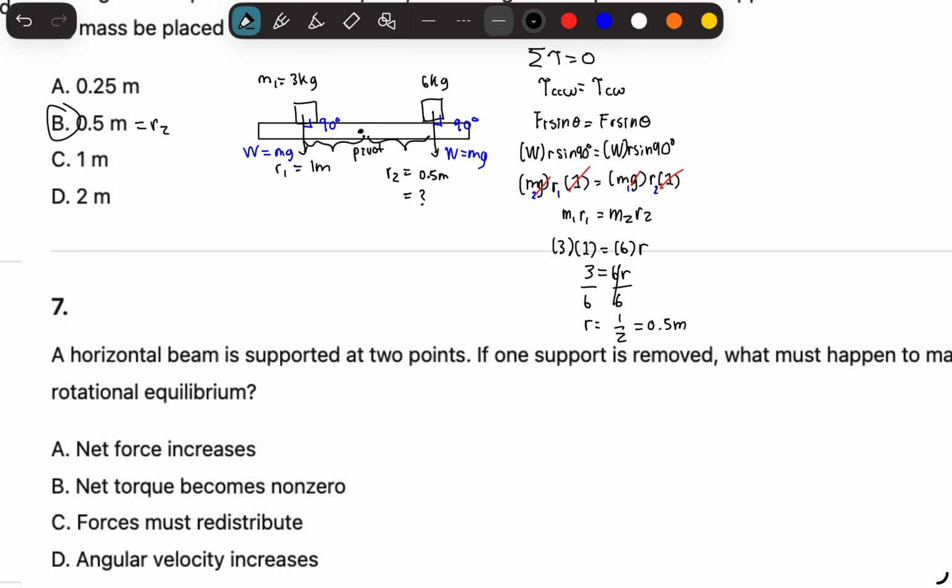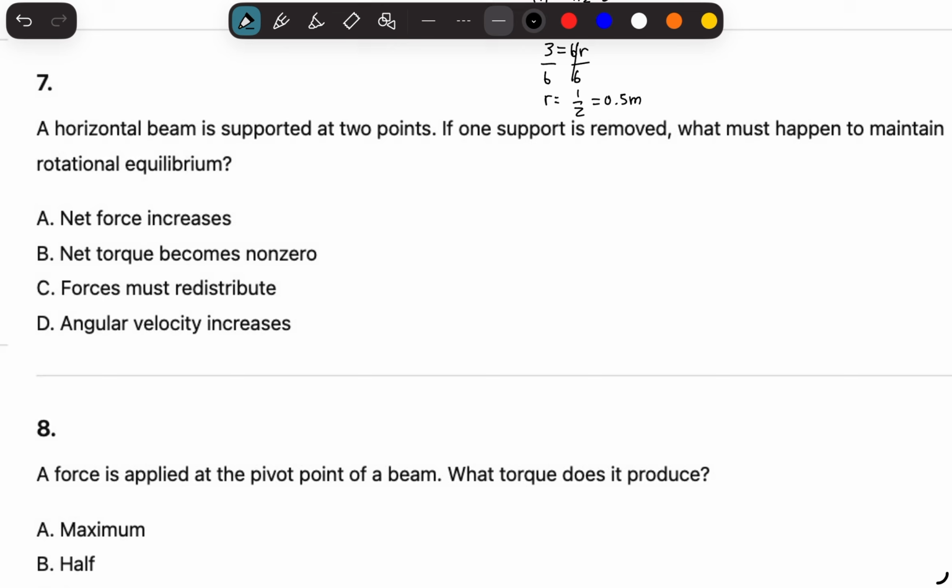That's R2. A horizontal beam is supported at 2 points. If one support is removed, what must happen to restore the rotational equilibrium? When you have rotational equilibrium, the summation of your torque is equal to 0. If you remove one of the supports, the torque balance is disturbed.